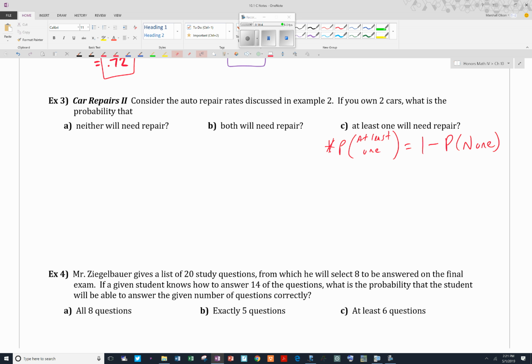I know you can make the argument that because these are both your car, if you're a bad driver and you're beating the heck out of your car, that might raise the probability of both those things needing more work. That's getting a little nitpicky, okay? We're going to throw that out the window and just say we are assuming independence. Otherwise, we wouldn't be able to do these problems, and that wouldn't be any fun.